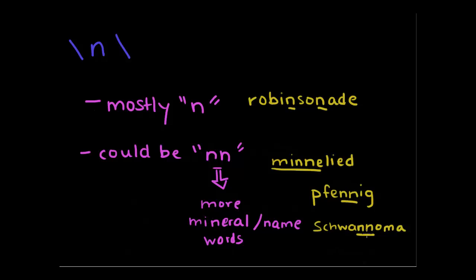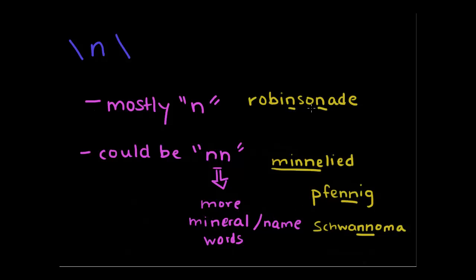So if you know that, and you've recognized the fact that a lot of German names end in NN, then you could figure this out and know that this is a double N. So again, the roots and the names might help you figure out if it's an NN or N, but mostly it's going to be an N. And sometimes it doesn't look right to be an NN.